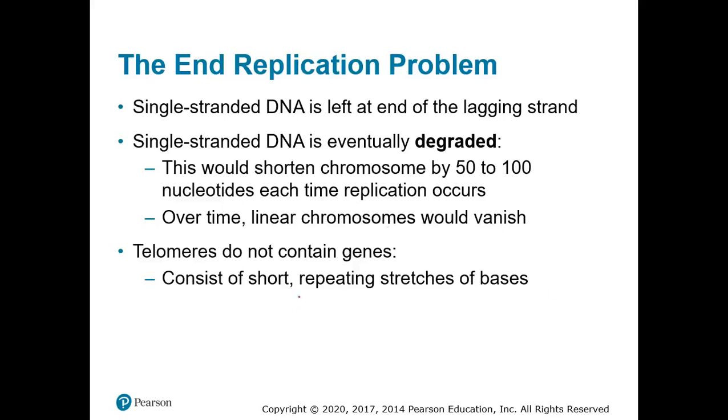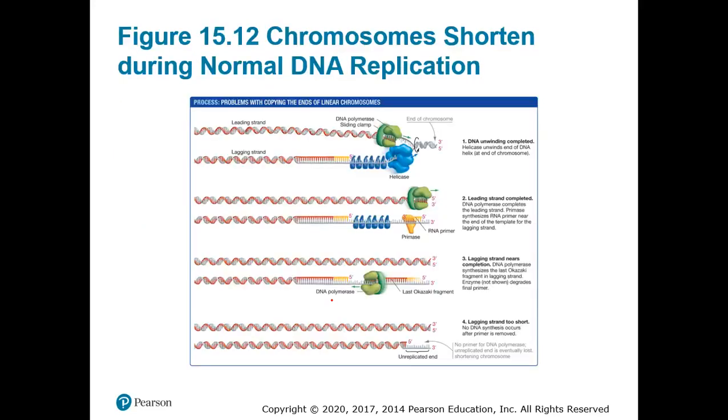So telomeres are kind of like the junk at the end of our chromosomes. When we replicate, we will just lose some junk, short repeating stretches, instead of losing the actual important information in our genes.